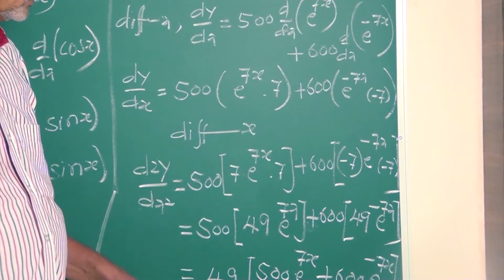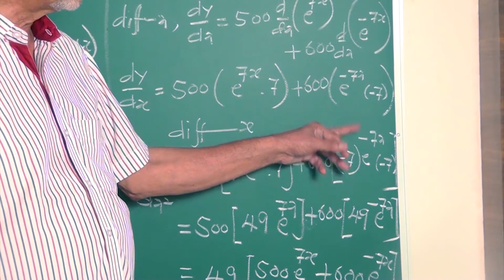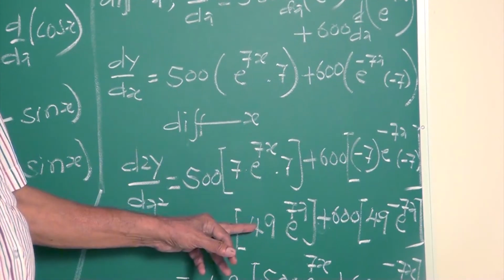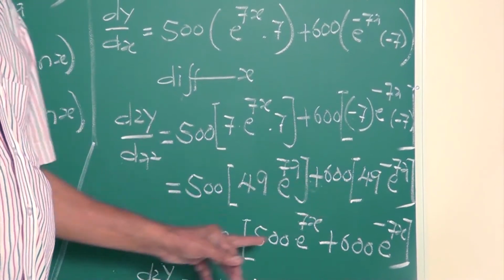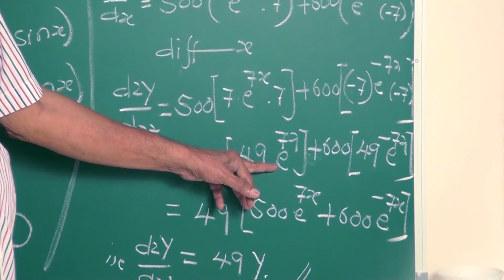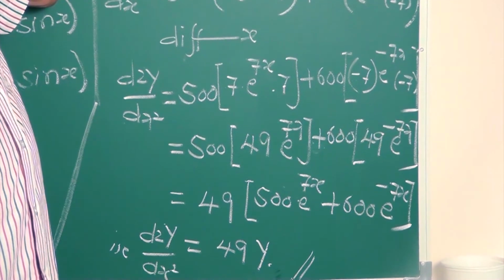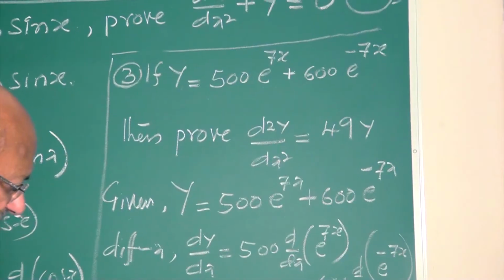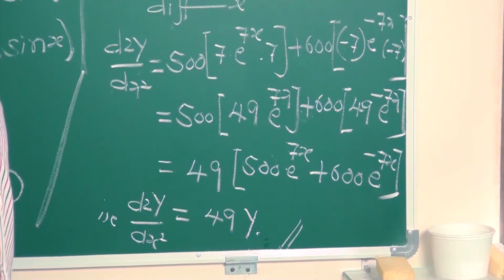Plus 600, derivative of e to the power minus 7x, minus 7 into e to the power minus 7x, derivative of power minus 7. 7 into 7 is 49, minus 7 into minus 7 is 49. 49 is common, left inside 500 into e to the power 7x plus 600 into e to the power minus 7x. This bracket is nothing but y. Therefore, d2y by dx2 LHS equal to 49, and this bracket is nothing but y.